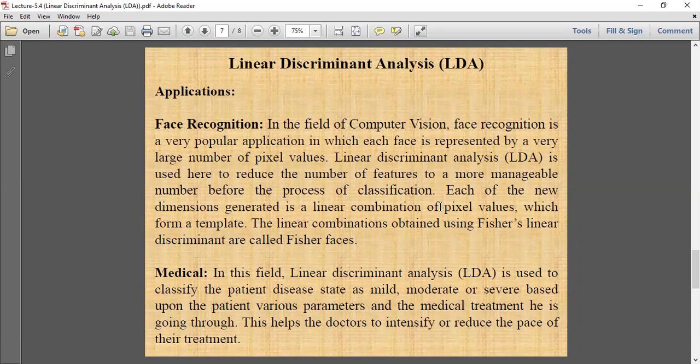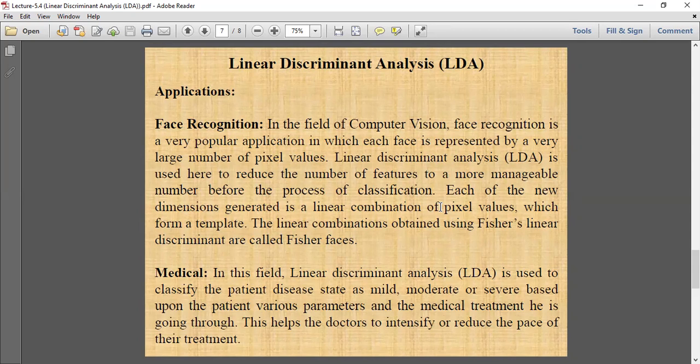Each of the new dimensions generated is a linear combination of pixel values which form a template. The linear combinations obtained using Fisher's linear discriminant are called Fisher faces.